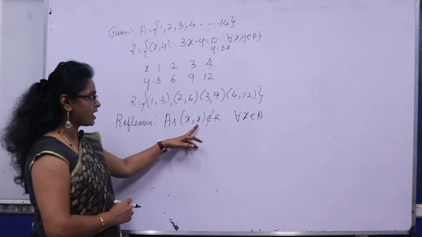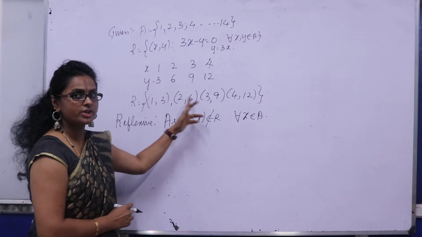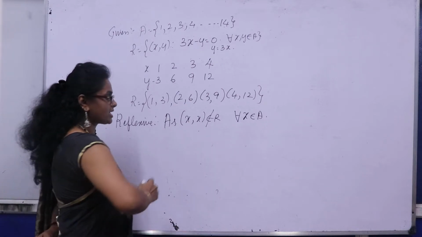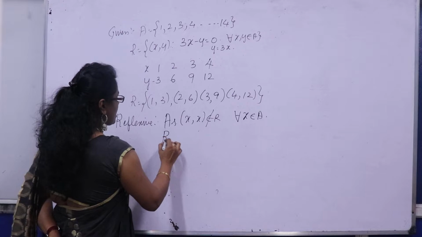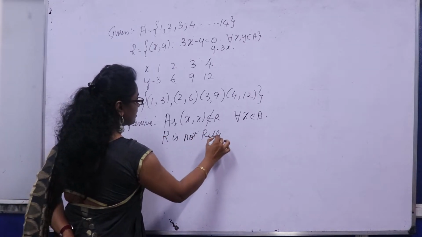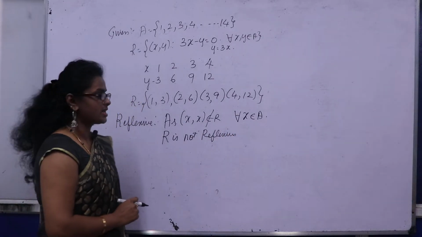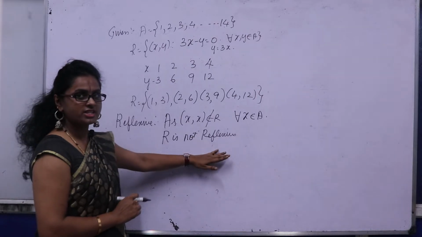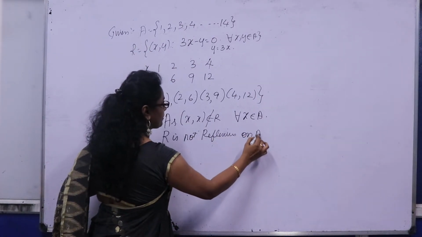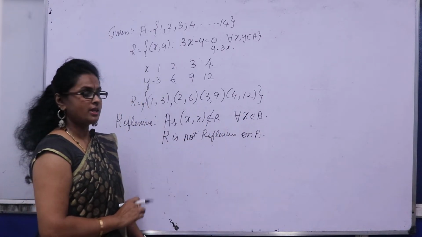Since we are not able to find (1, 1), (2, 2), (3, 3) in this relation, we can clearly say that R is not reflexive. Writing only this does not complete the sentence. R is not reflexive on what set?